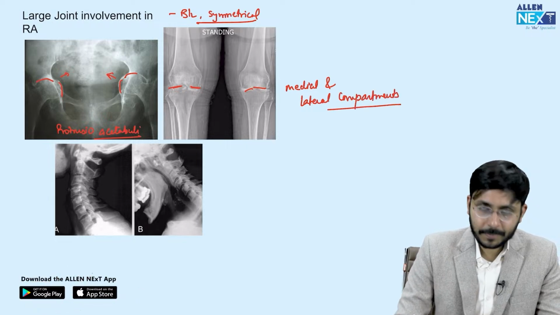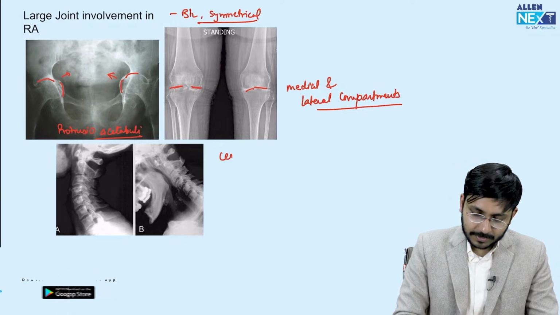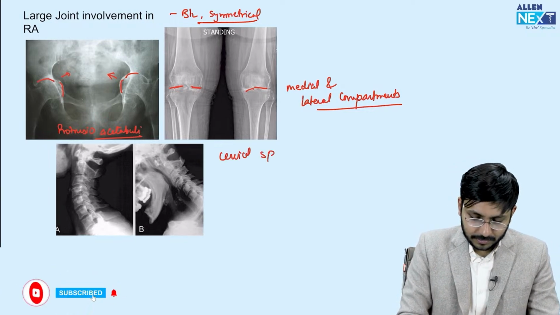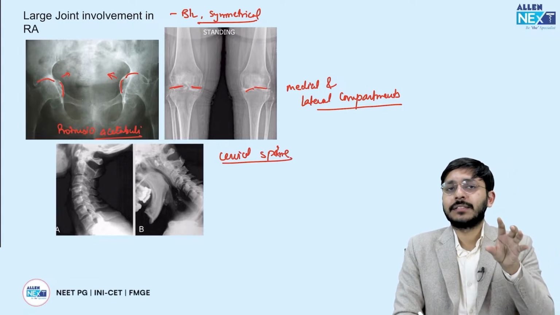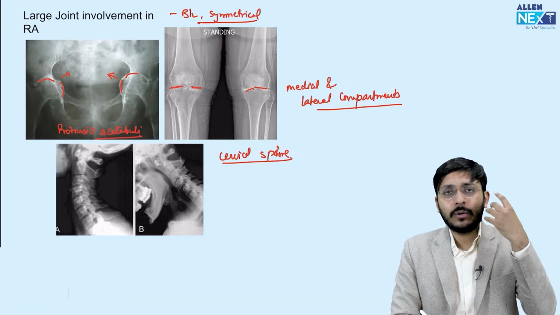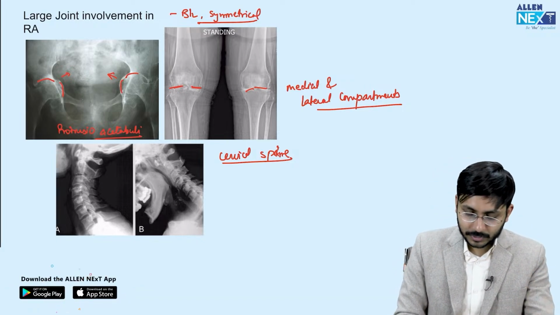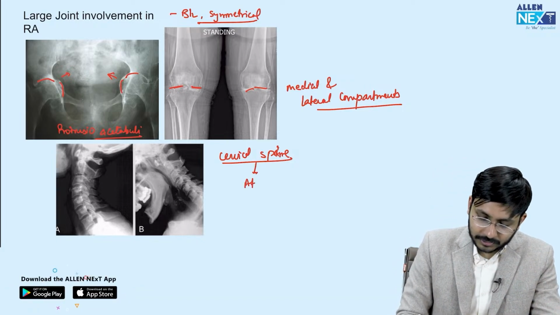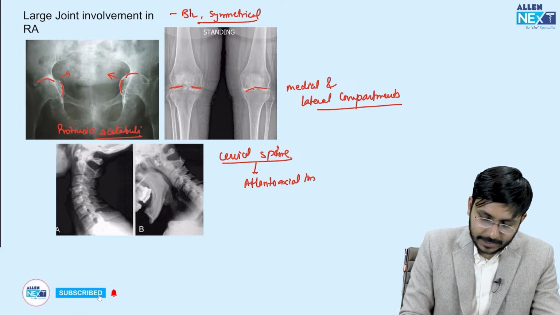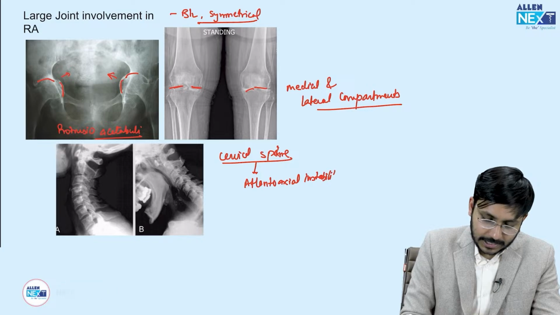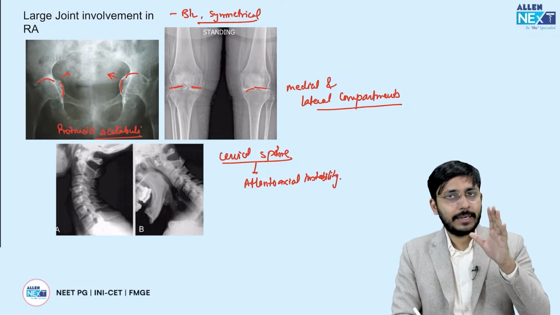In the cervical spine, RA can also involve the cervical spine because the pannus that is formed in RA can erode the atlas and the axis. So in the cervical spine, it causes atlantoaxial instability. And how do we measure atlantoaxial instability on X-ray?